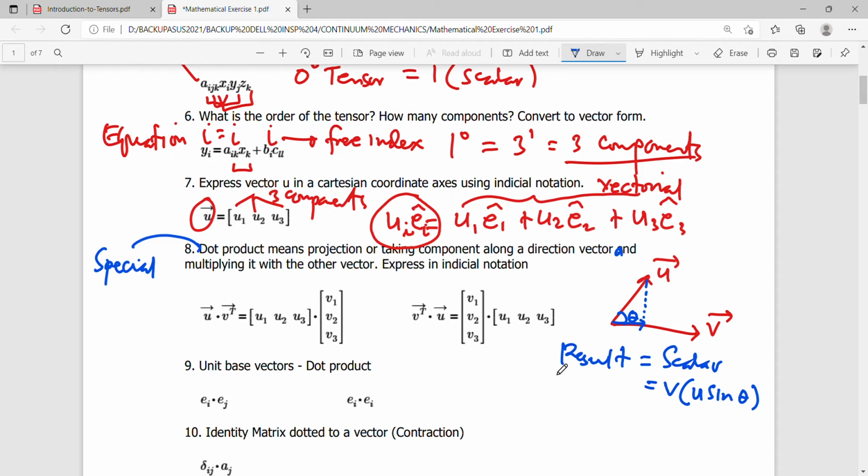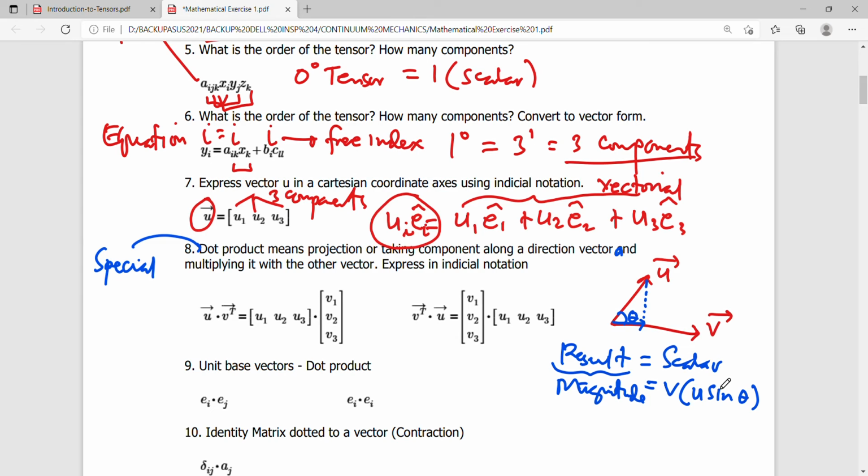So we are talking here of the resulting magnitude only, in which the direction is no longer important, since the product of such vectors will yield a scalar.